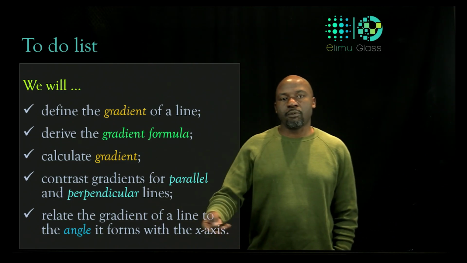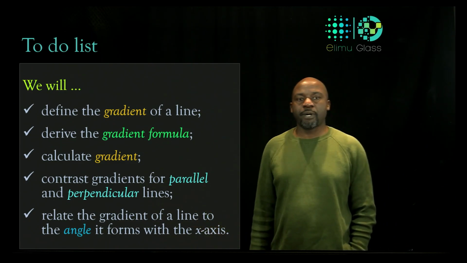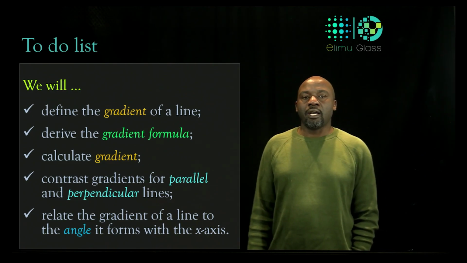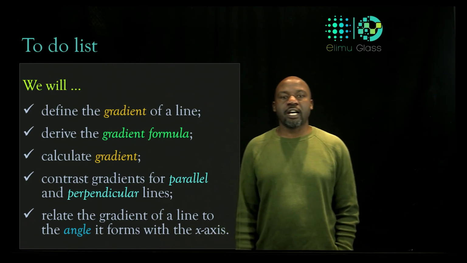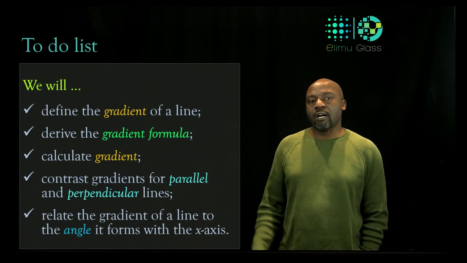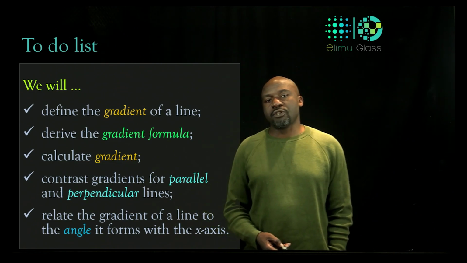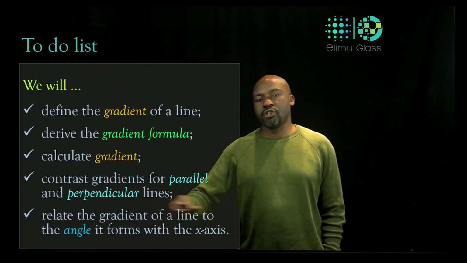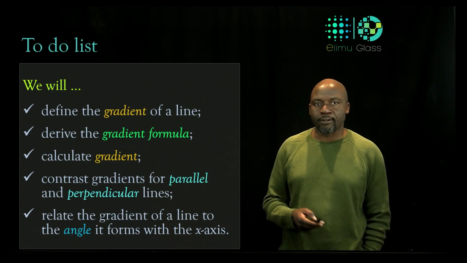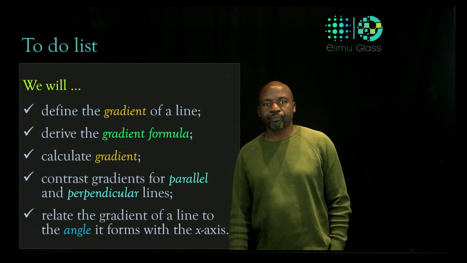If you've not done trigonometry, don't worry about that last part. But if you know what trigonometry is and you've studied the basic trigonometric ratios, sine, cosine, and tan, then we'll see how the gradient of a straight line is related to the tangent of the angle it forms with the positive x-axis. Okay, so let's begin then.